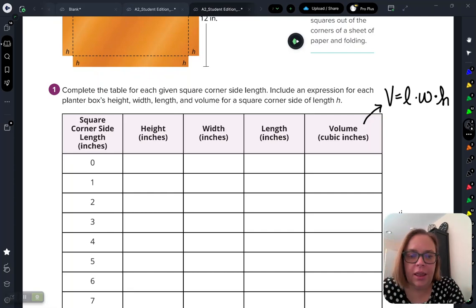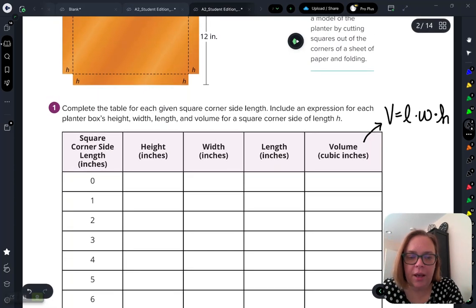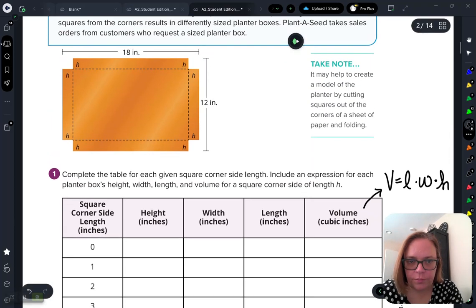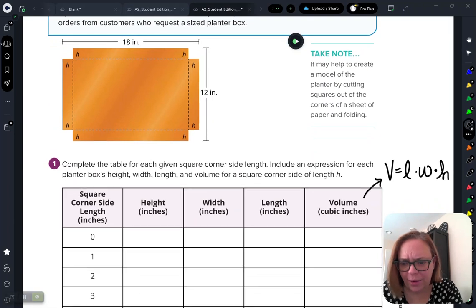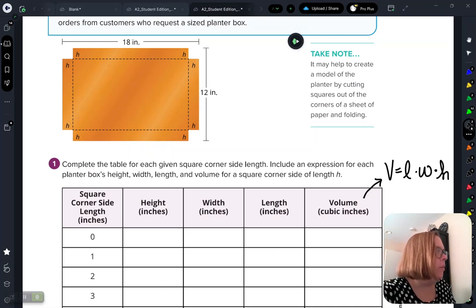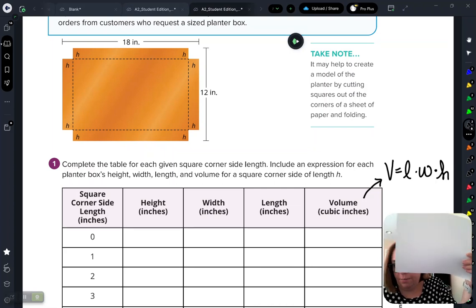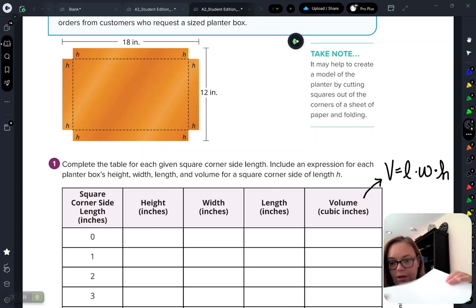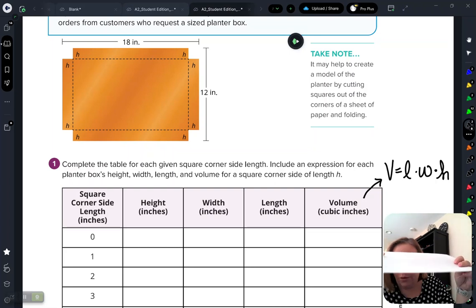So let's think about what happens when you take out a corner square of side length 0. Essentially, you're not going to cut anything. In my example of using a piece of paper, if you took out a square that was 0 by 0, you get a piece of paper. You're not cutting anything out. There's nothing to fold. If there's nothing to fold, there's no volume to it.